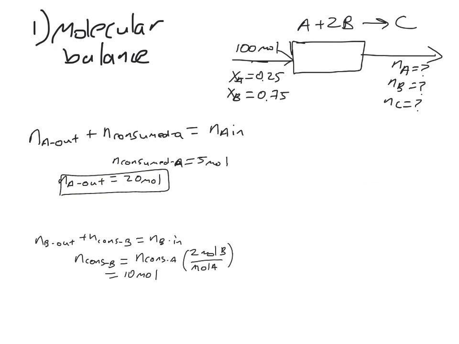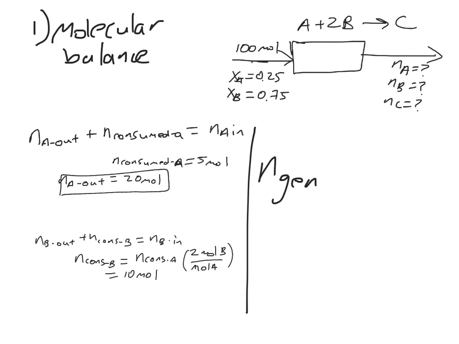We can also go ahead and write out our equation for the material balance for C. Just shrink these down, move them aside, and we can write N consumed, or actually in this case generated, since C is a product. Got to remember the difference between consumption and generation.